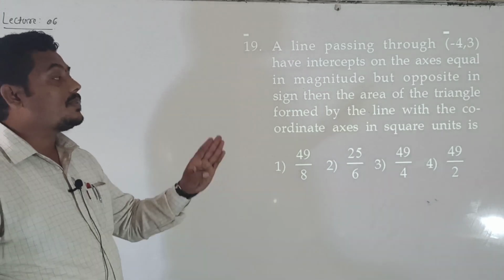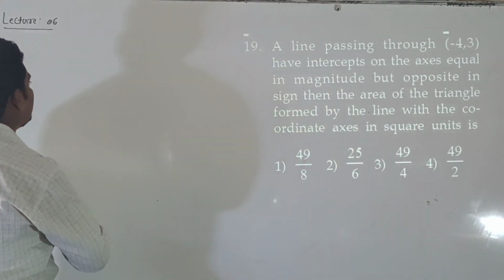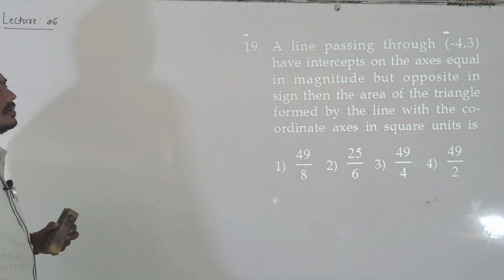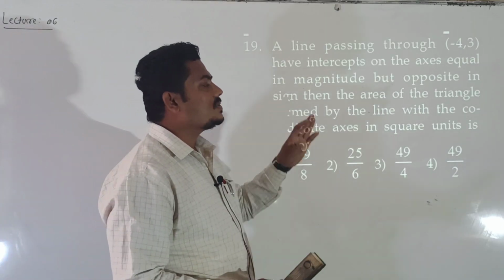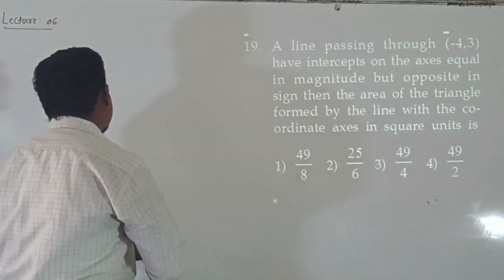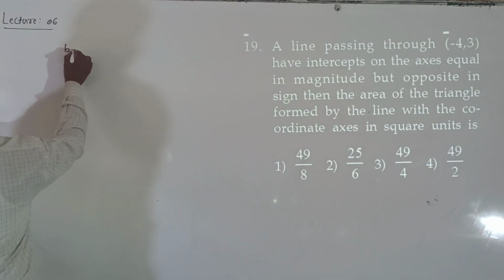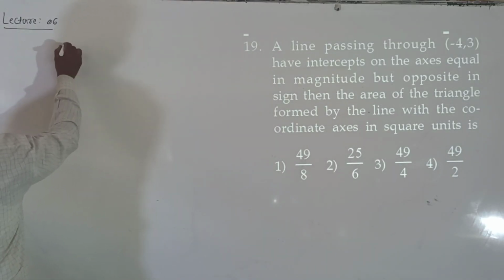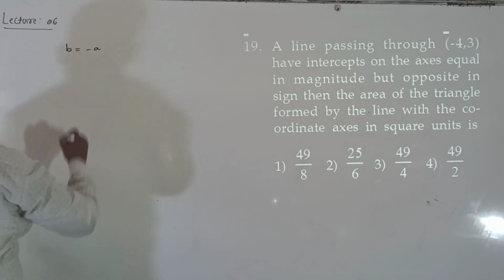Our required line passes through the point (-4, 3) and makes intercepts on the coordinate axes that are equal in magnitude but opposite in direction, meaning b is equal to minus a only.